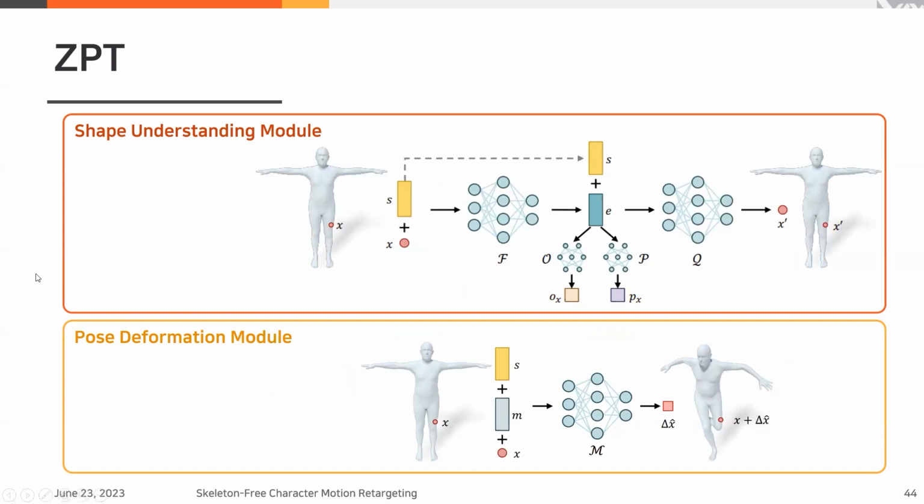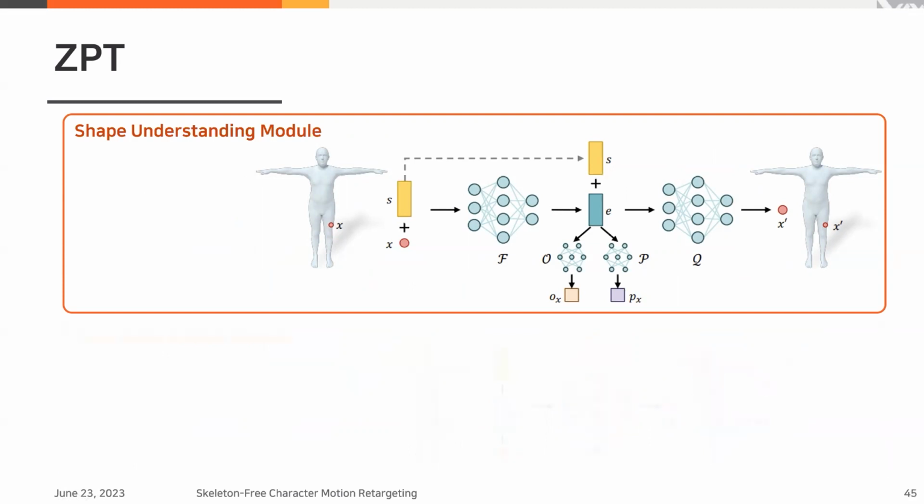So there are two learning-based modules to achieve their goals, and different from the previous two methods, they predict individual surface points deformation. The previous two methods predict the part-wise deformation, but they predict the individual surface points.